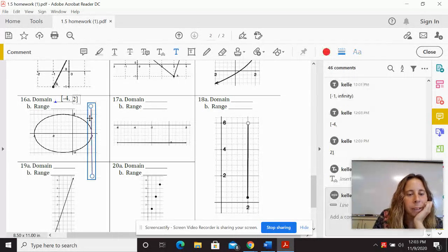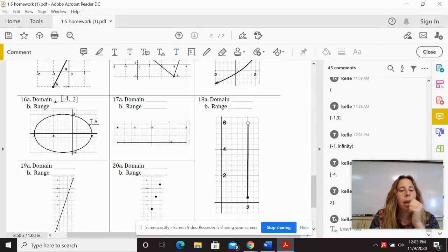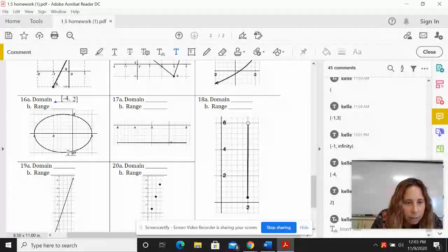All right, and then range. Same idea, except now you're looking from low to high. All right, so what's my lowest point? Oh, okay. You can also draw another line. My lowest point is -2.